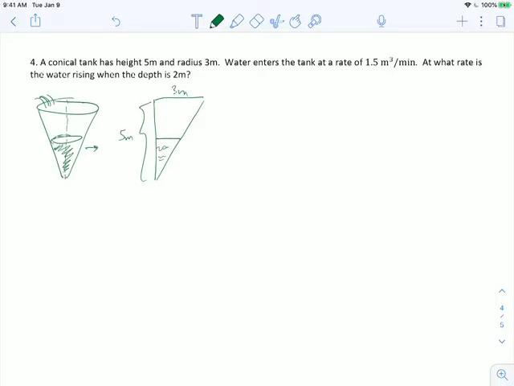And we first of all need to figure out what are the quantities that are changing. And so my quantities, I've got the volume of water in the tank, I've got the depth of the water in the tank, and I've got the radius of the water in the tank.